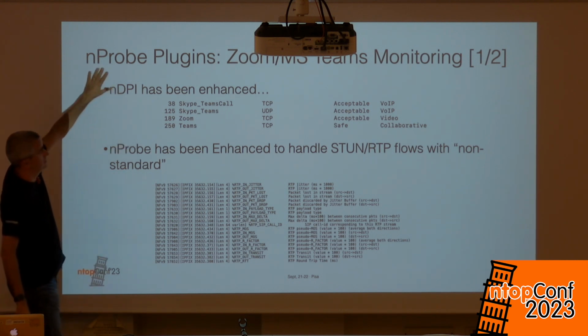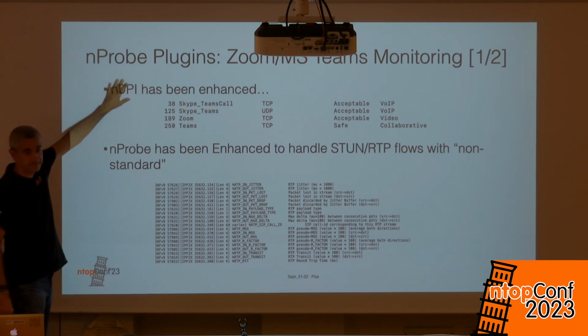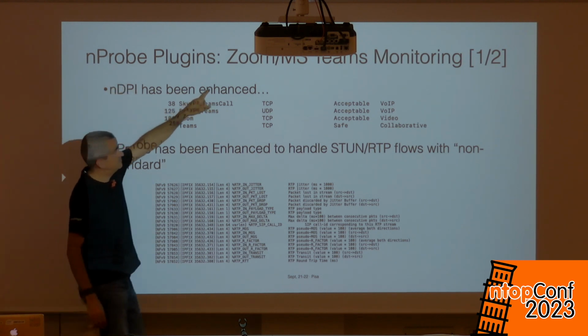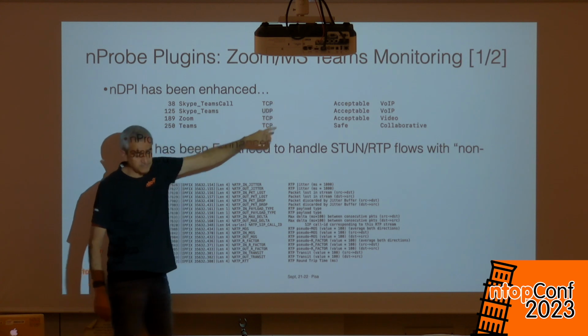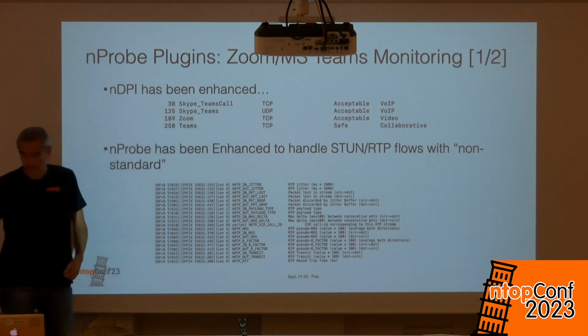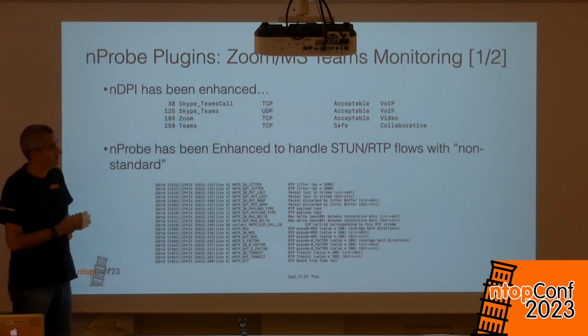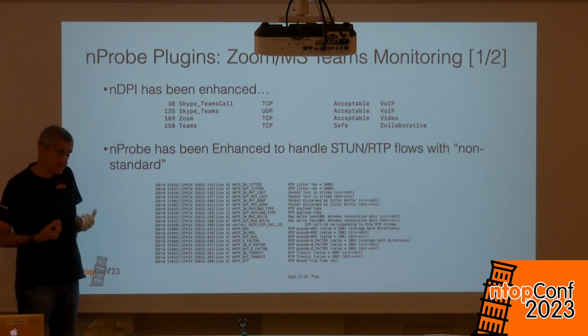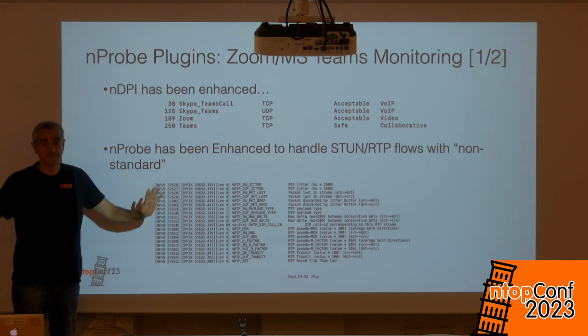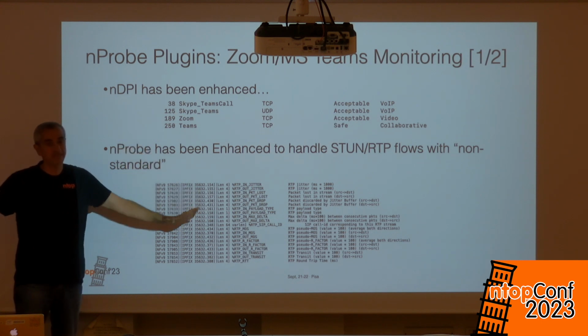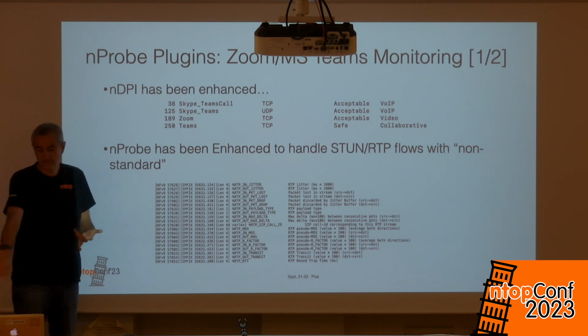Let me make an example. One of the things we have done this year is monitoring of Zoom and Teams calls. So you have a Zoom call, okay, and you want to know from the network standpoint if everything is in good shape. So let's say I'm a network manager, my network is working fine, so if the quality is bad, it's because of your laptop that is old, like mine, that you have to replace.